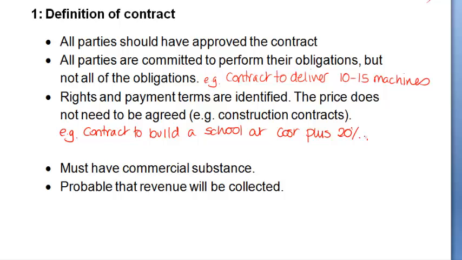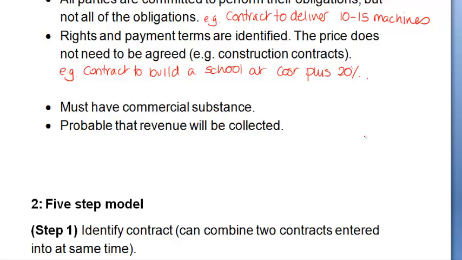And the terms are $1,000 an hour plus expenses, plus sales tax, plus commission. The contract must have commercial substance, so we look beyond the legal form. We ignore the legal arrangement, and it's probable that revenue must be collected, so we are confident that we will be paid.